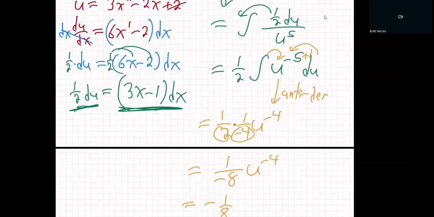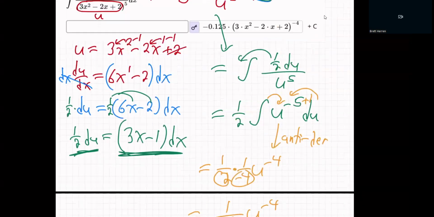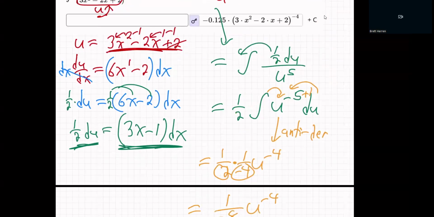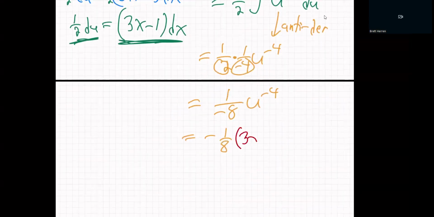What was u all along? u was 3x squared minus 2x plus 2. That's u to the minus 4. So there's our answer.